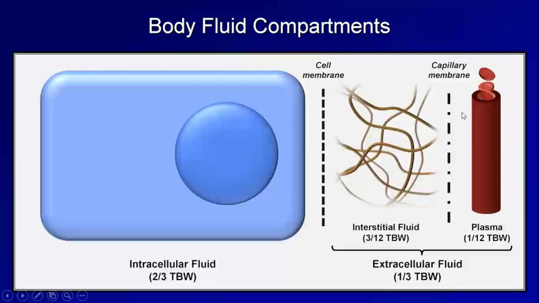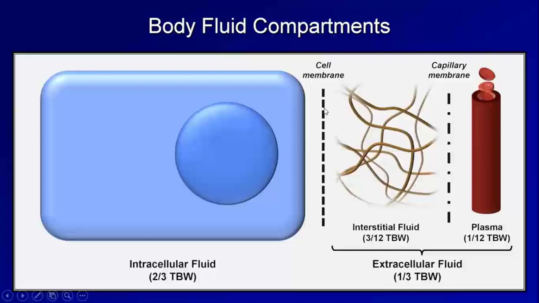So any water, any small molecule can pass easily to either side of the compartments, from the intravascular to interstitium or from interstitium to intravascular. Any large molecule like the albumin or the complex carbohydrate can't pass through this membrane.